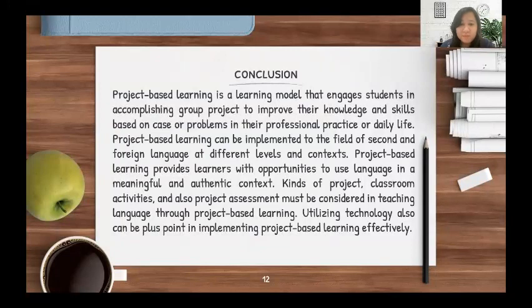It provides learners with opportunities to use language in meaningful and authentic contexts. Kinds of project, classroom activities, and project assessment must be considered in teaching language through project-based learning. Utilizing technology can also be a plus point in implementing project-based learning effectively.